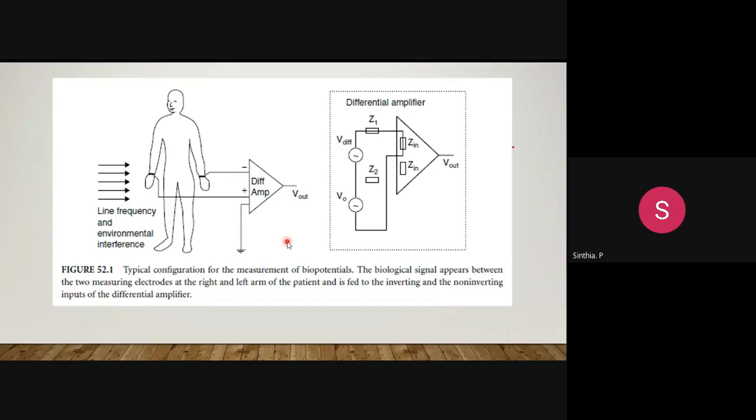In addition to the electrode potentials and electromagnetic interferences, we also have noise generated by the amplifier itself. The connection between the biological source and the amplifier should have proper interfacing. It has to be taken into account while designing, because interference may be generated due to this connection also.